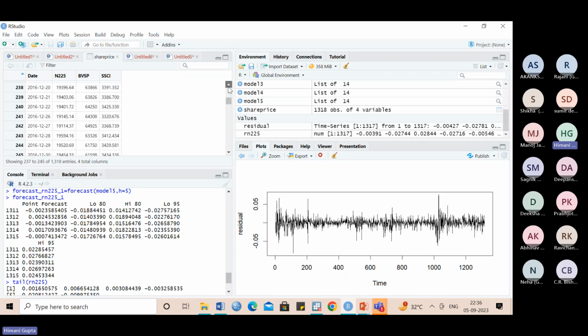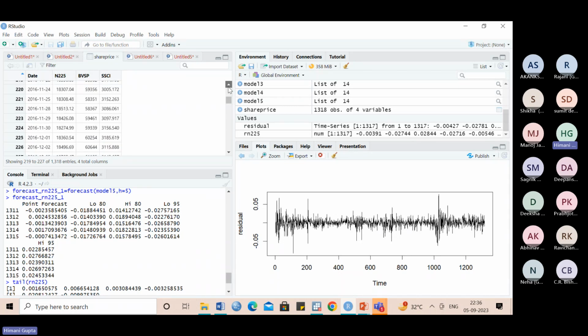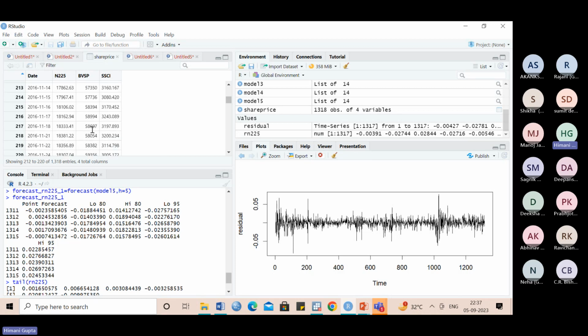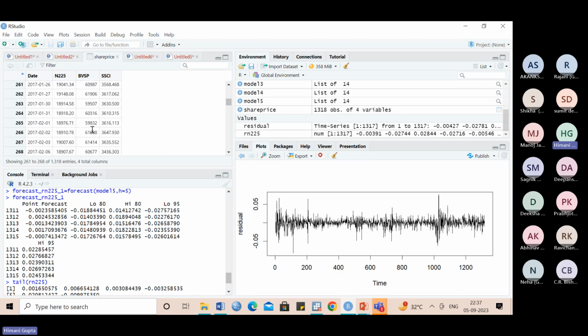Just observe where the 200 is coming. 200 is coming in 2016. So I can say that 200 observations means the 2016 year. And similarly, I can say 400 observations means this much of year.